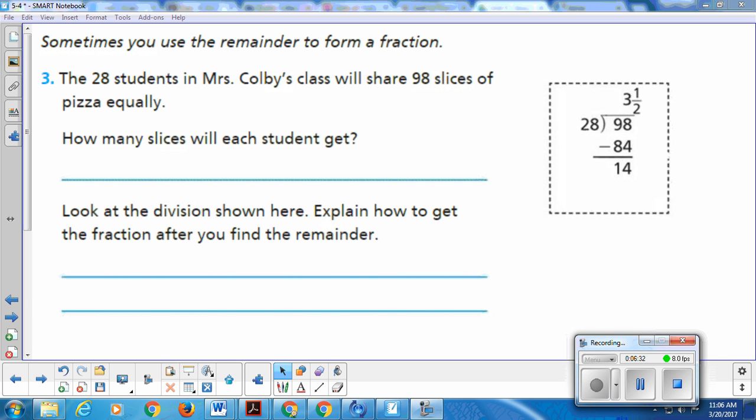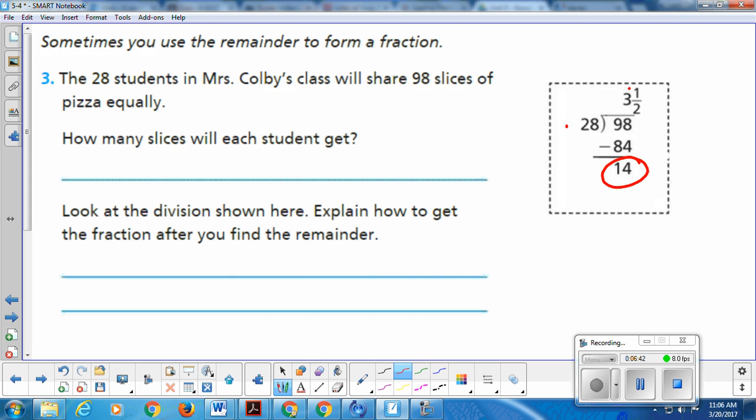So we're talking about pizza, right? So we take the 98 slices, we divide it between the 28 kids. We have 3 pieces, yes, with 14 left over. What do I do with those? Well, now this becomes 14 divided by 28 kids, right?